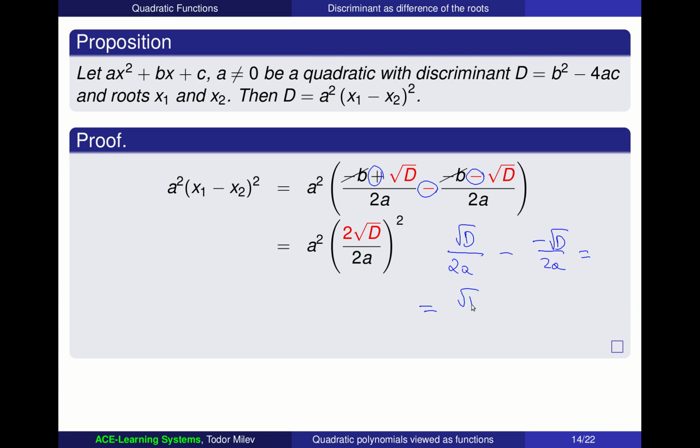But that's radical of D over 2a. Minus and minus gives me plus, so plus radical of D over 2a. And then I can bring those two on the common denominator to get radical of D plus radical of D over 2a. It's just common denominator, and radical of D plus radical of D is of course equal to 2 times radical of D over 2a. So that's what I get.